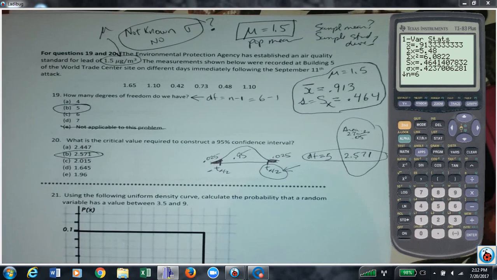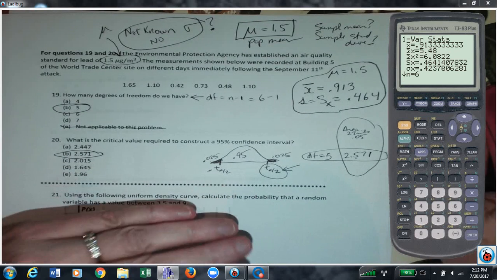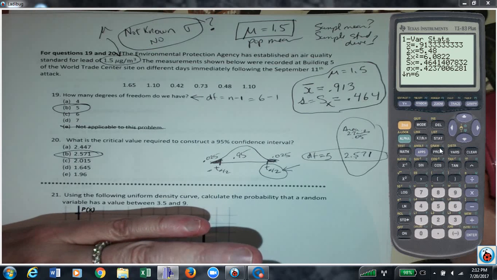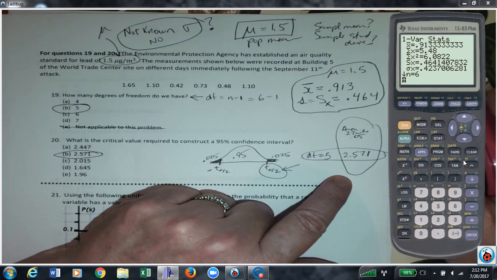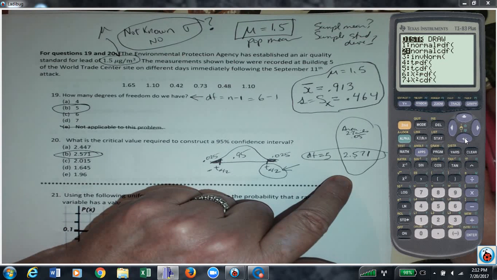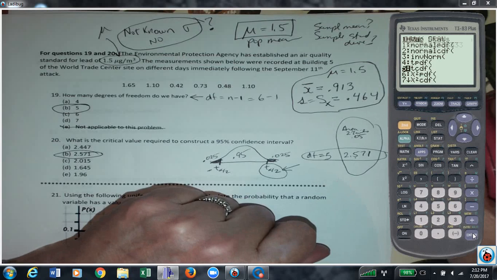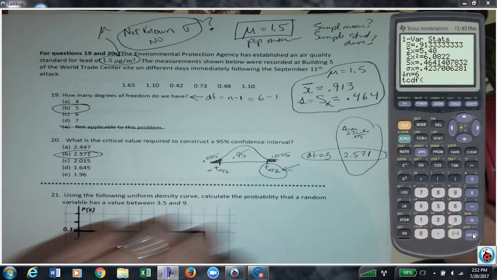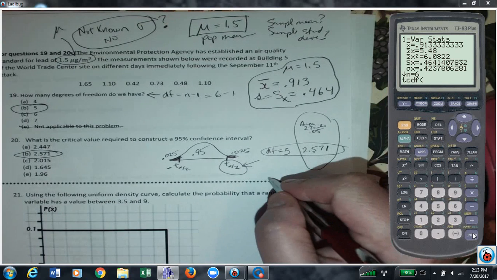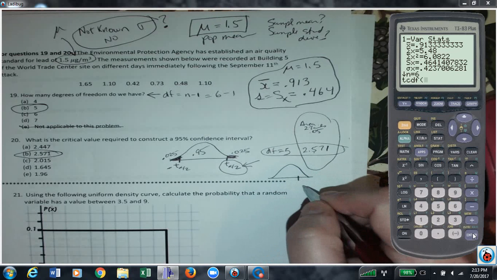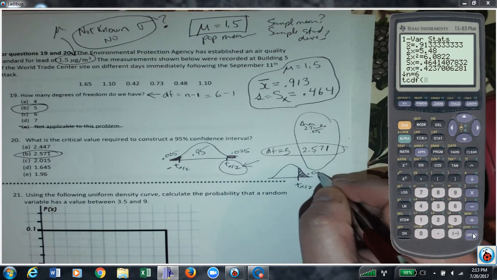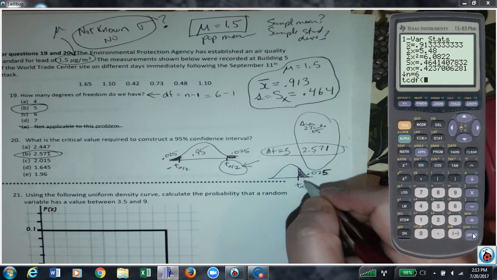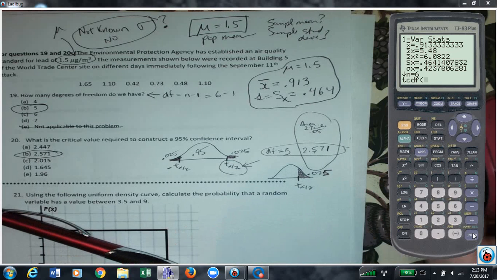Now, if sigma is unknown, I can't use any of the computer commands or calculator commands that have to do with z-charts. So to get this guy, I have to do second vars, and I have to come down here. And what I want is this guy here. And I know that the right area is 0.025.